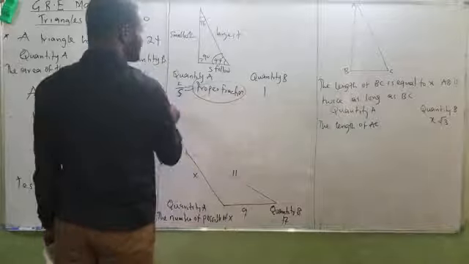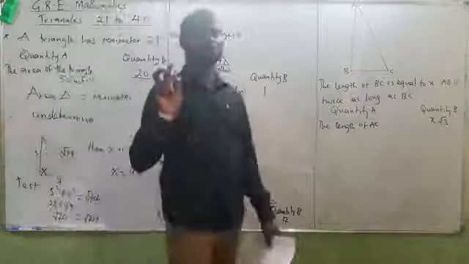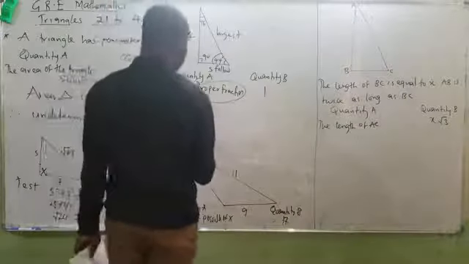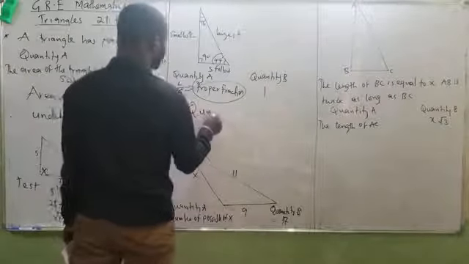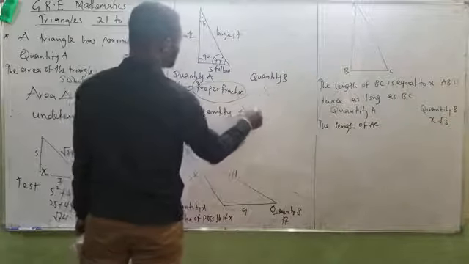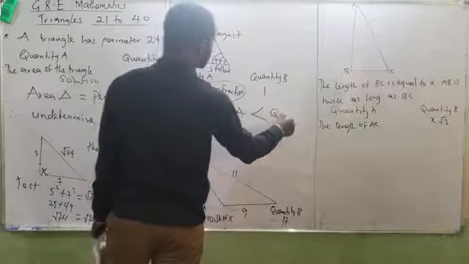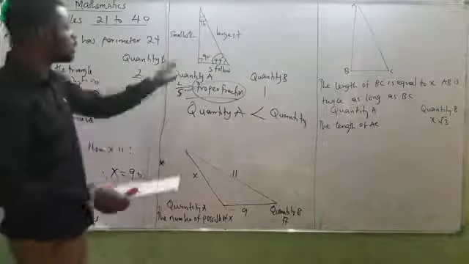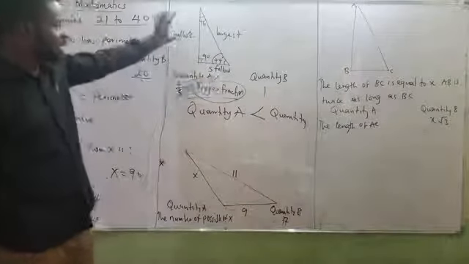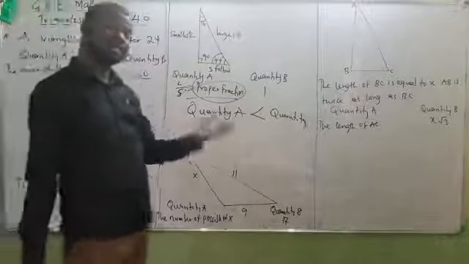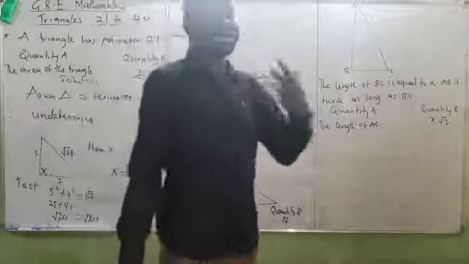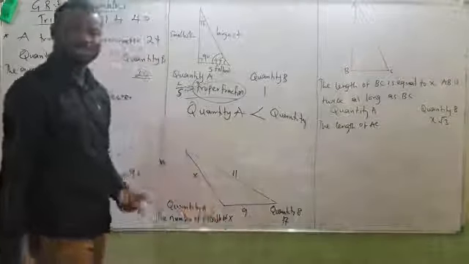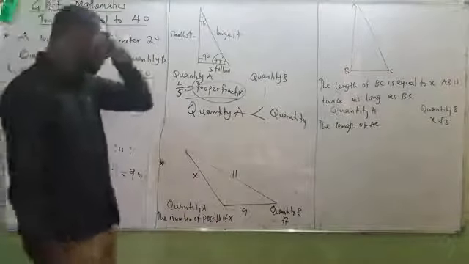Every proper fraction is always less than 1. Since it is less than 1, quantity A will be less than quantity B, because the smallest is over the next one, which is bigger. Assuming you have an improper fraction, like 10 over 7, it is greater than 1. Take note of that.